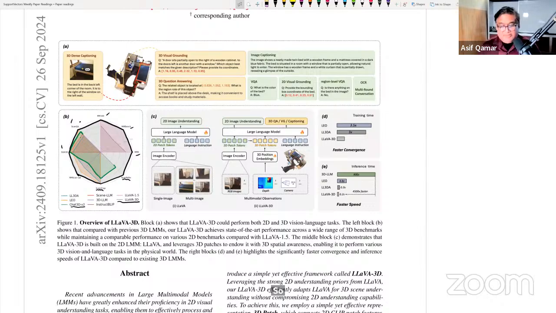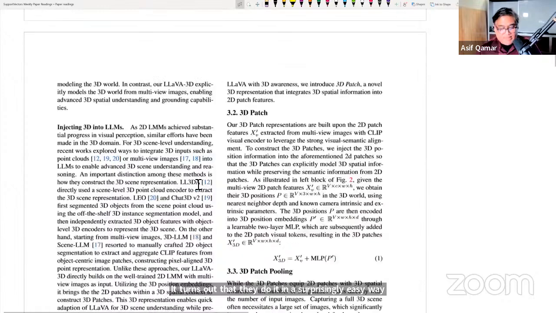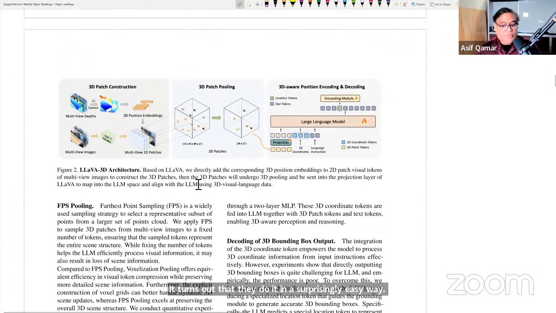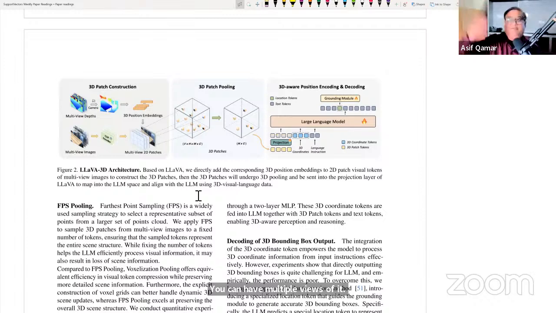It turns out that they do it in a surprisingly easy way. There's no magic. It's exactly the same approach. So what do they do? First of all, given a situation, you can have multiple views of it. Suppose you take a room and have 5 different shots.